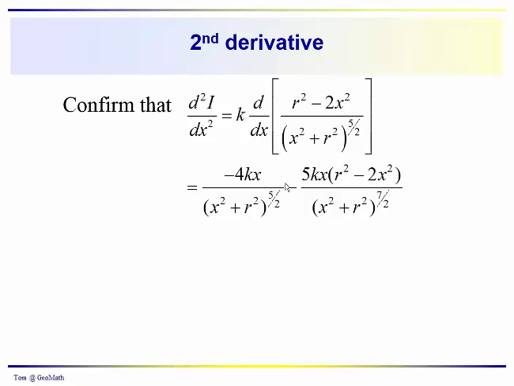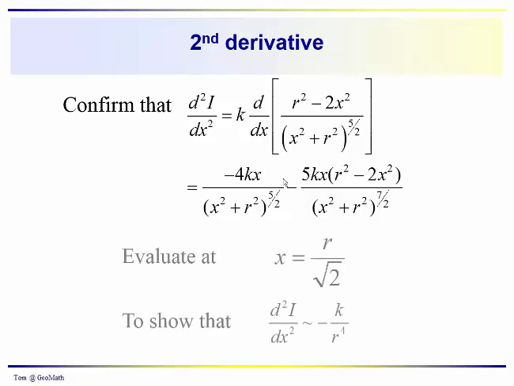And again, we have one term with x squared plus r squared to the 5/2 power, and we have another term with x squared plus r squared to the 7/2 power. And so it looks like a pretty messy relationship, but we want to evaluate this expression at x equal r over the square root of 2.